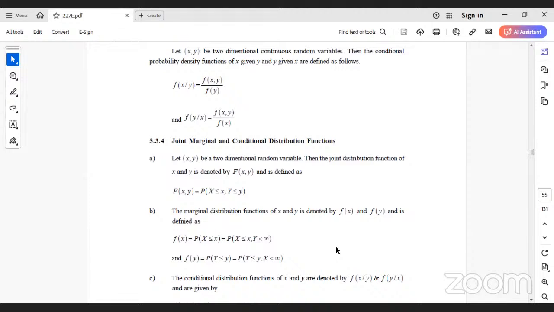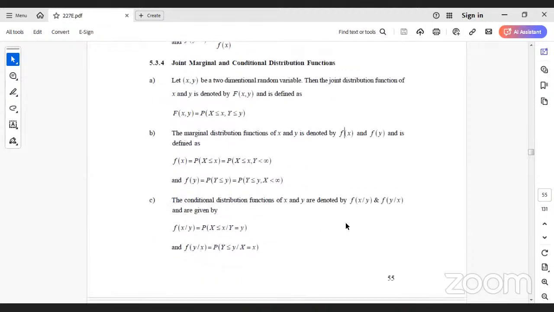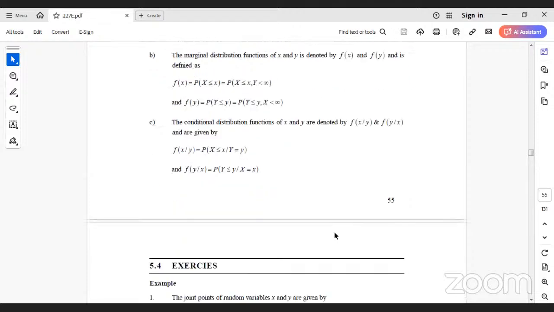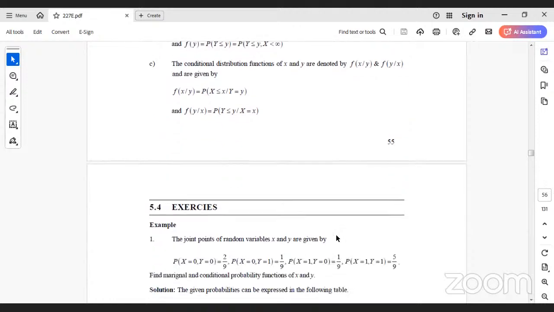Then F of y is P of Y less than or equal to y with X less than or equal to infinity. Then the conditional distribution functions of x given y and y given x are defined with P of X less than or equal to x given Y equal to y, and P of Y less than or equal to y given X equal to x. You can follow these conditions in the problems.